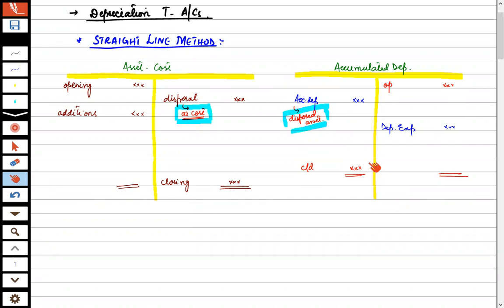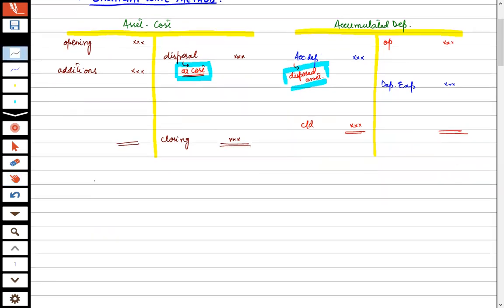Now for another purpose, let's suppose we have been given opening and closing, we have entered these amounts, and we have to do some calculations, or apply percentages on something. And we find later that we have got the additions to the fixed assets. Let's put an example for that.